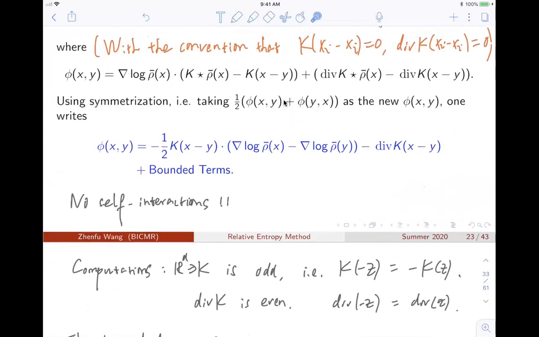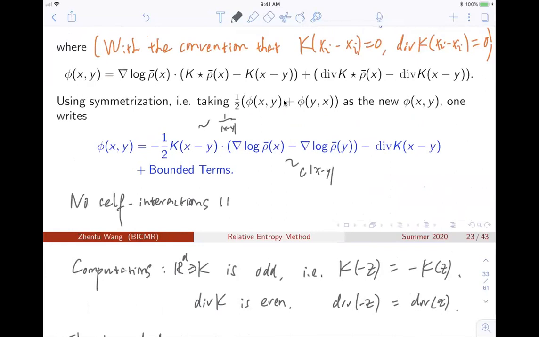But since we did the symmetrization, if we assume rho bar is nice, with C the Lipschitz constant, then k is like 1 over x minus y. It's not very singular. The singularity is of order 1. So we can show phi xy is bounded. For instance, if you choose k to be the Biot-Savart kernel, phi xy is bounded.